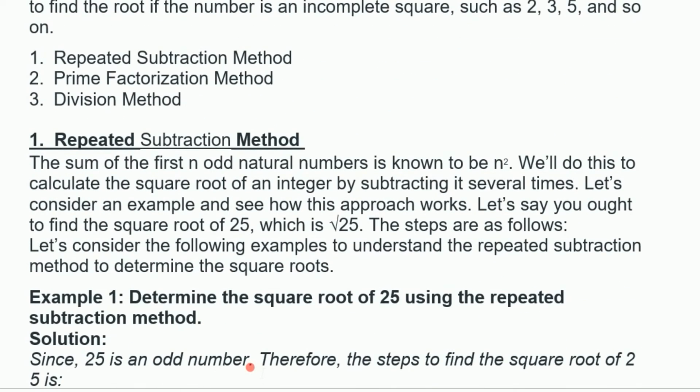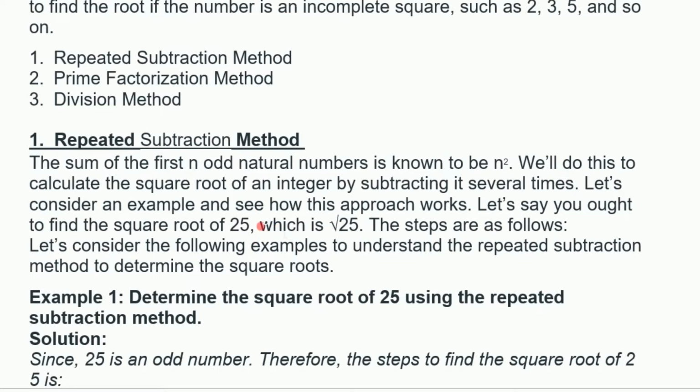Repeated subtraction method, what is that? The sum of the first n odd natural numbers is known to be n squared, so we can calculate the square root of an integer by subtracting odd numbers several times.